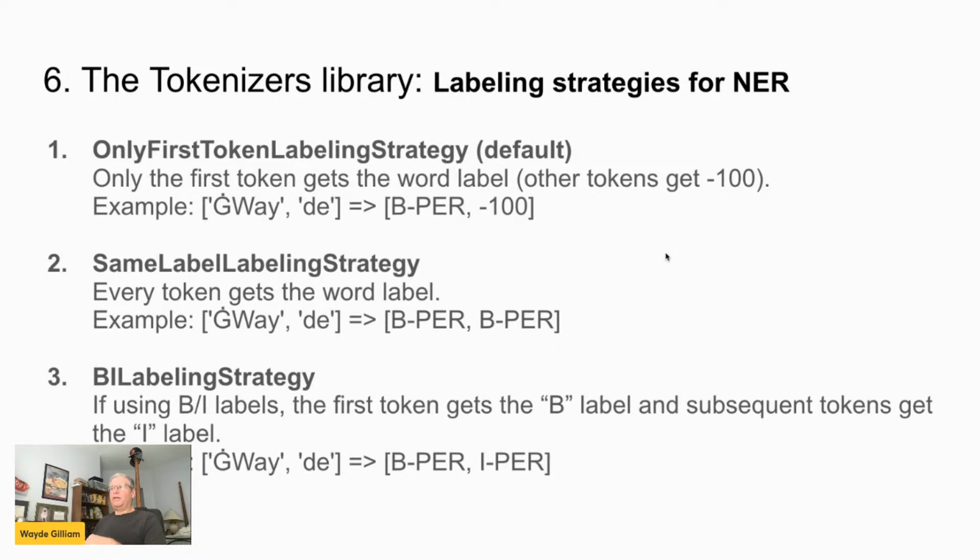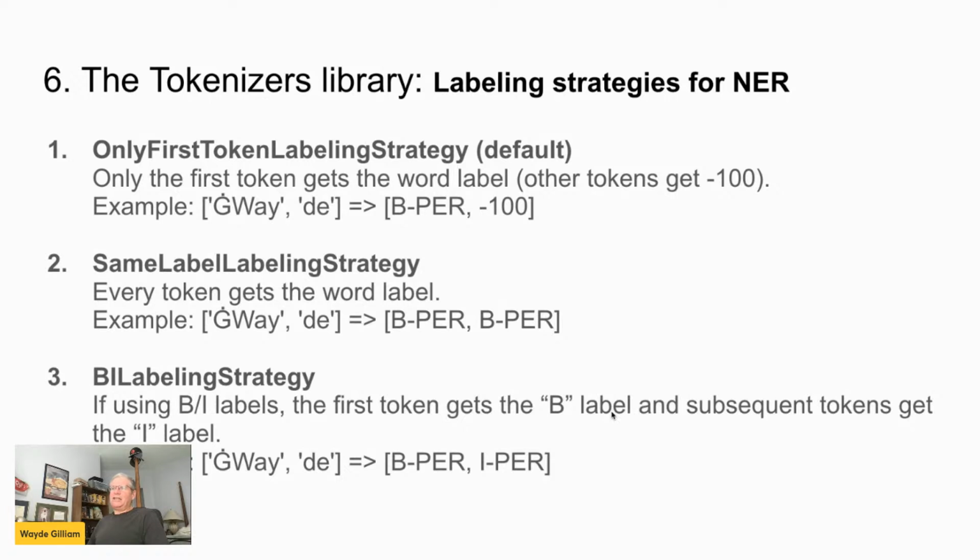A final one that's fairly common, and this is the one that's not introduced in the course, is the BI labeling strategy. This is included in the course. If you're using B and I labels, so for example, my name is Wade Gilliam, Wade would typically get a B-per label, and Gilliam would get an I-per because it follows on from the beginning.